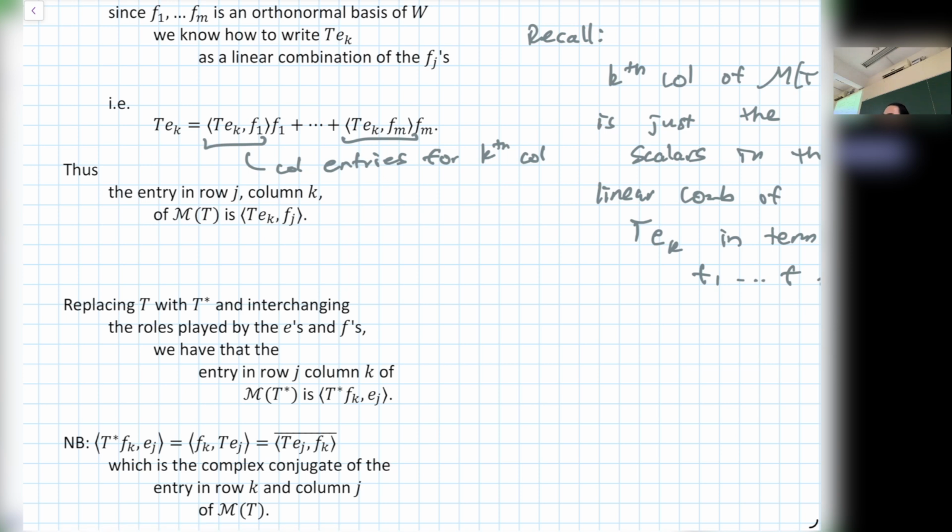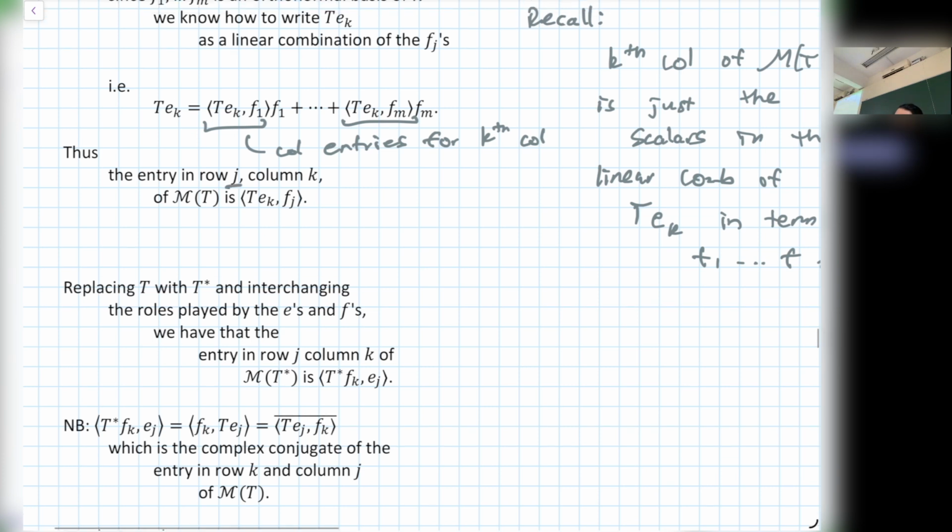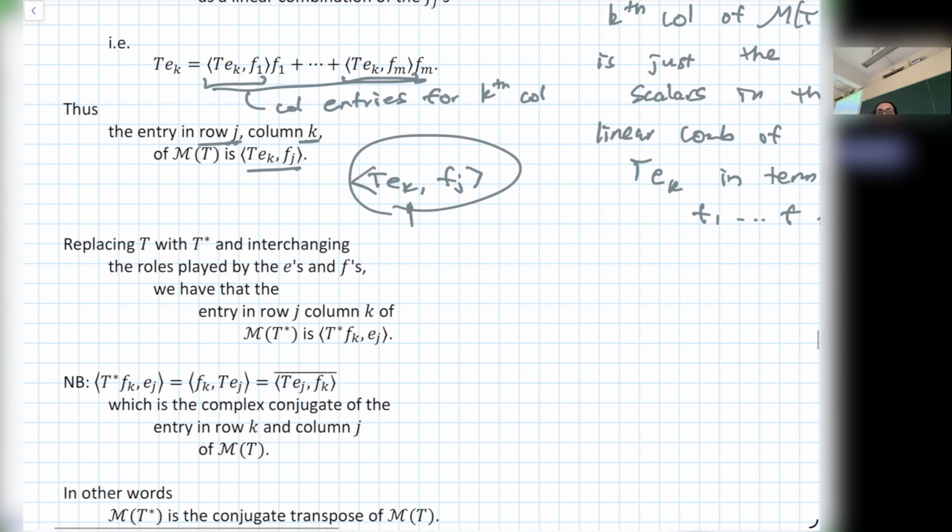And that is almost it. That is essentially all you need to observe. Why? Note that the jth row and the kth column entry would just be the inner product of T(E_k) with F_j, because I already said these are the columns and you're looking at the jth row. Now here's the fun part.